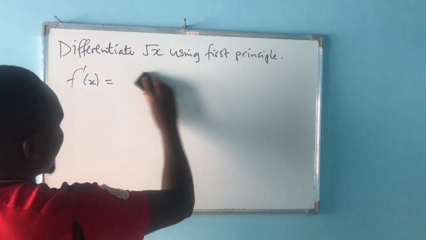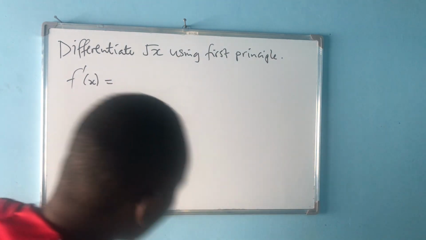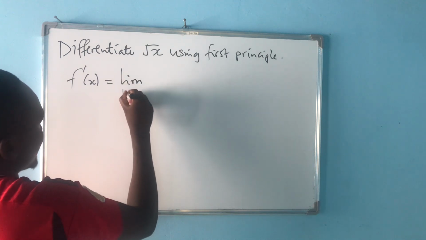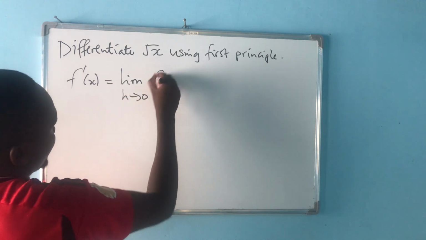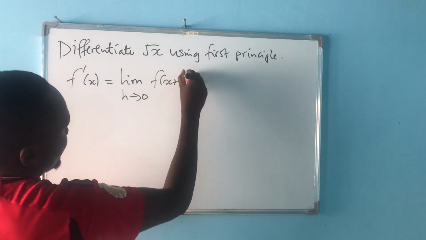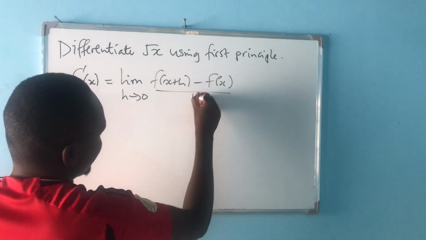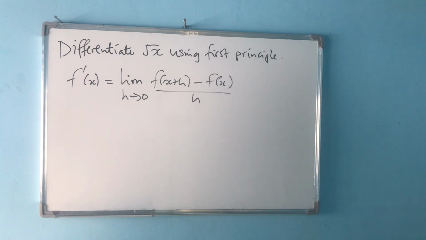So we have the limit as h approaches 0 of f of x plus h minus f of x, over h. That's basically how it's supposed to be.